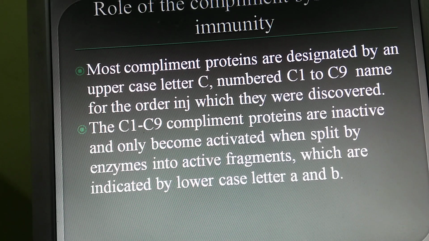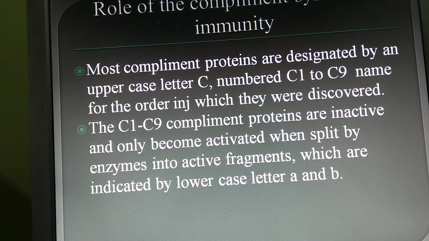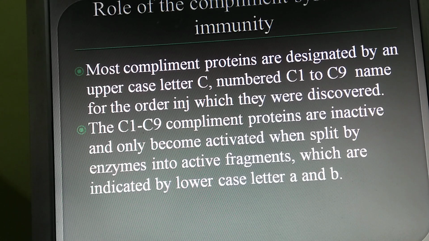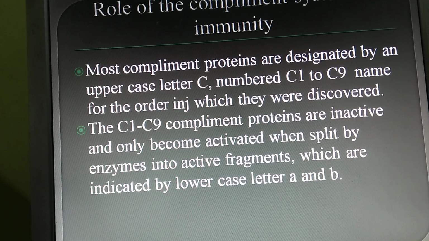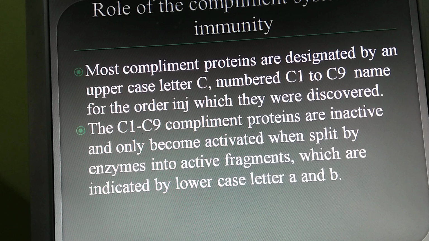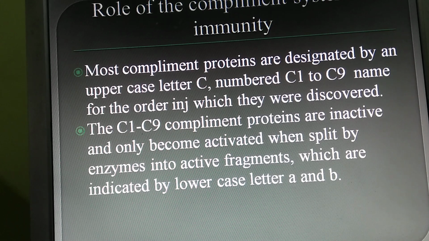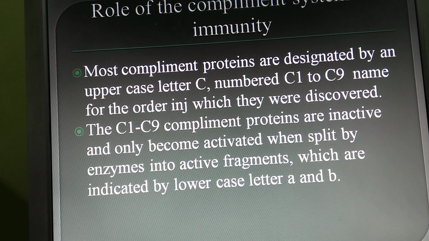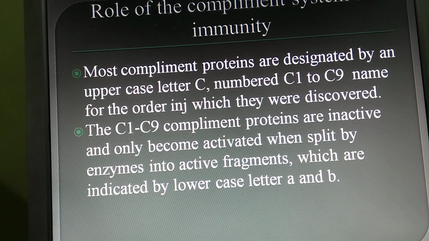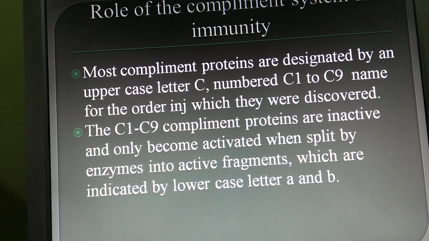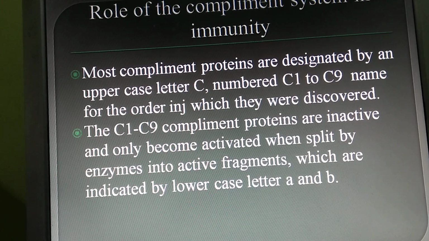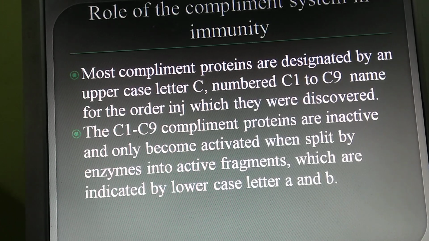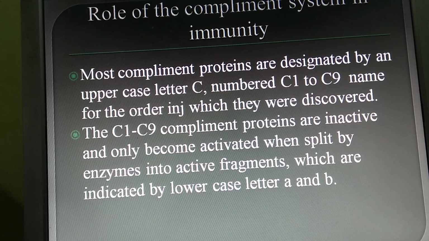Most complement proteins are designated by an uppercase letter C, numbered C1 to C9, named for the order in which they were discovered. The C1 to C9 complement proteins are inactive and only become activated when split by enzymes into active fragments, which are indicated by lowercase letters a and b.